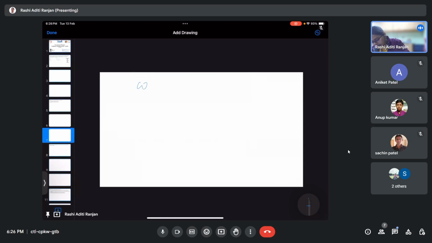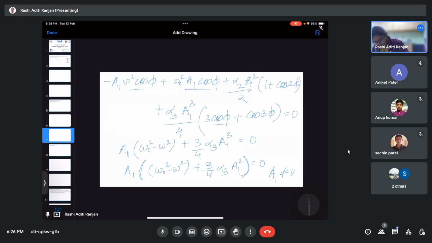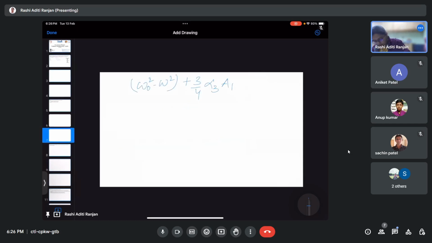I get that omega naught square minus omega square plus 3 by 4 alpha 3 a1 square equals 0, isn't it? From here, I'll get the expression omega square equals omega naught square plus 3 by 4 alpha 3 a1 square.